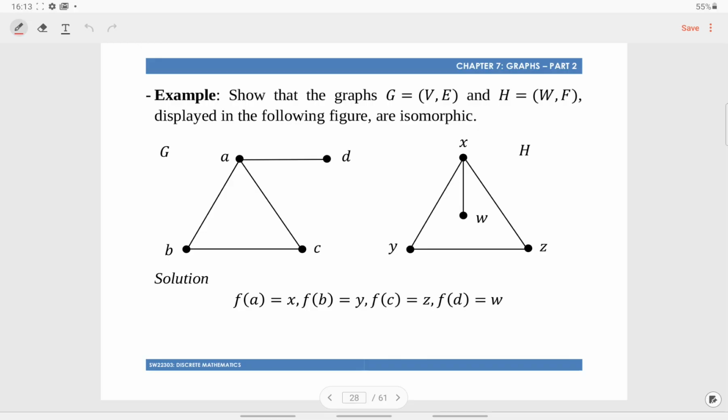We are given two different graphs, graph G with sets V and E and graph H with sets W and F. Isomorphic means two different graphs with the same structure. As you can see, graph G and graph H are almost similar.